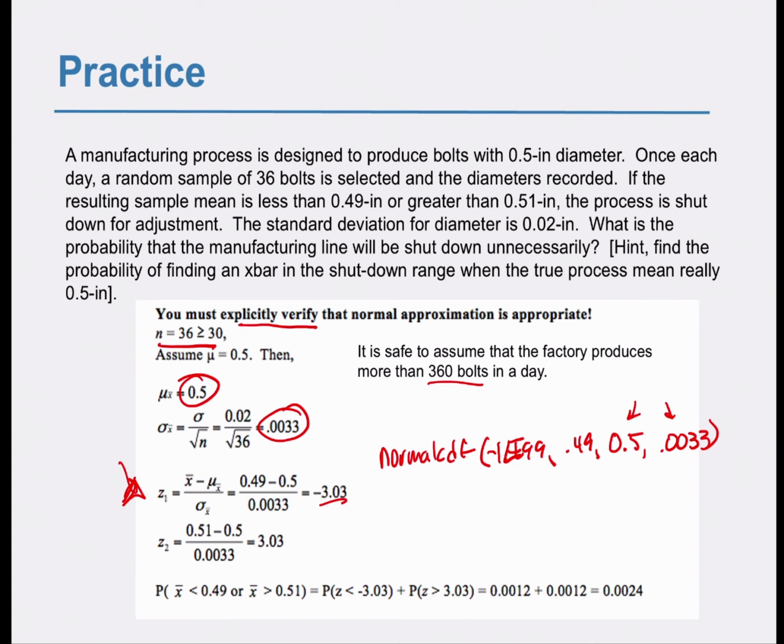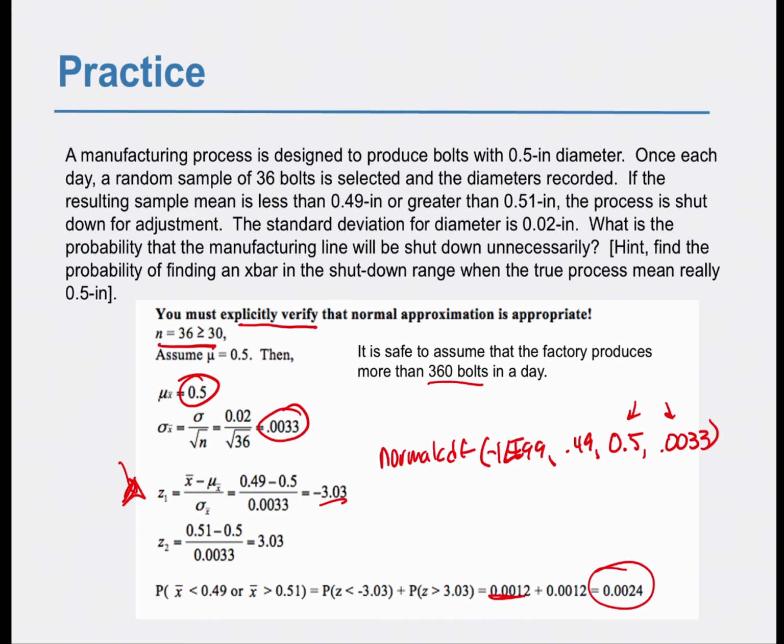This basically will calculate the z-score for you and then find the probability. So we do it once and multiply by 2, and we get a probability of 0.0024. So, very unlikely that our manufacturing line will be shut down unnecessarily, right?